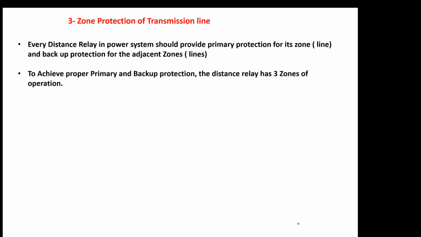It should provide primary protection for the line under consideration, but it should also provide backup protection for the adjacent transmission lines. That's why the total operating characteristics of the distance relays are divided into 3 zones. So to achieve proper primary and backup protection, the distance relay has 3 zones of operation. Understand?